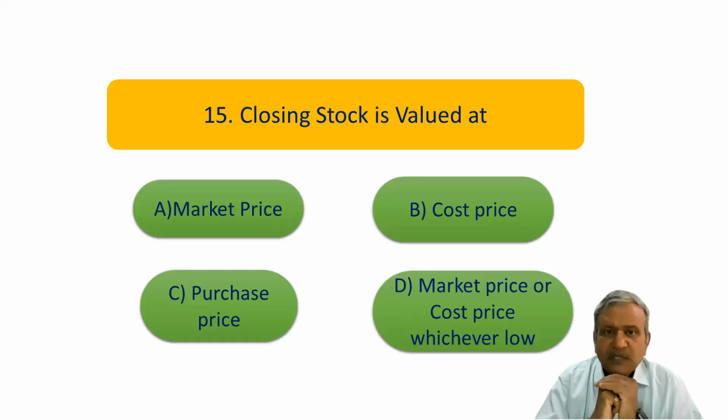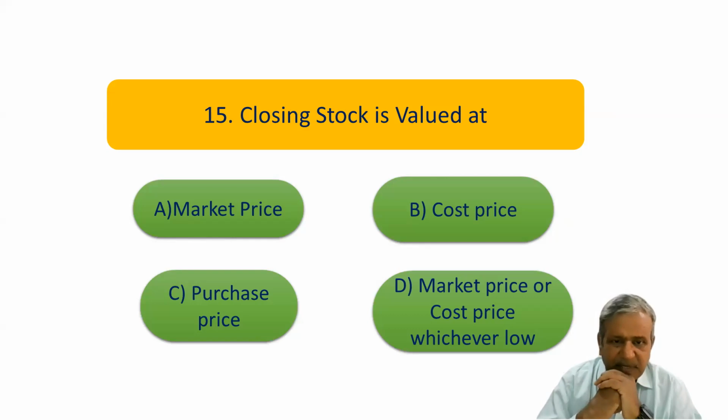Next. Closing stock is valued at: A, market price; B, cost price; C, purchase price; D, market price or cost price, whichever is less. Himabindu says D, Raghukumar D. Tell me, all of you, please.